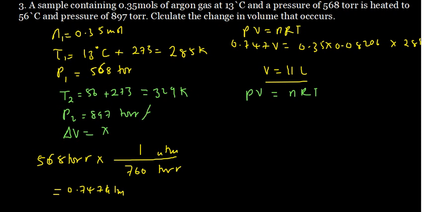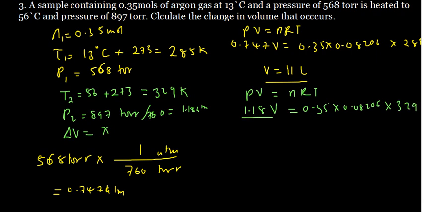We divide by 760, and 897 over 760 is 1.18 atm. So 1.18 multiplied by volume is equal to, because number of moles is the same, the universal gas constant 0.08206, multiplied by the temperature. The second temperature which we have is 329.